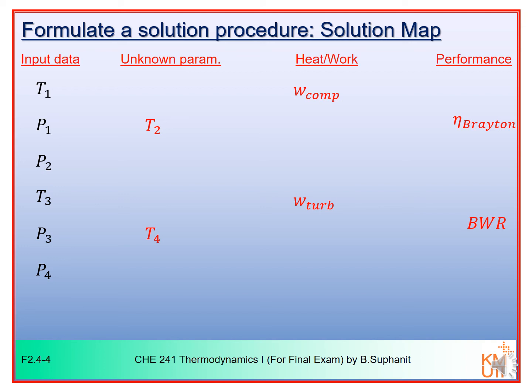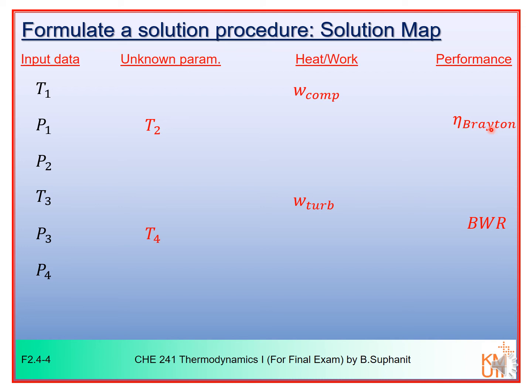They are T1, P1, P2, T3, P3, and P4. 2 intermediate state parameters that we don't yet know are T2 and T4. The heat and work variables to be determined are W compressor and W turbine. Finally, 2 performance indicators, which are Brayton efficiency and the back work ratio, are to be determined.